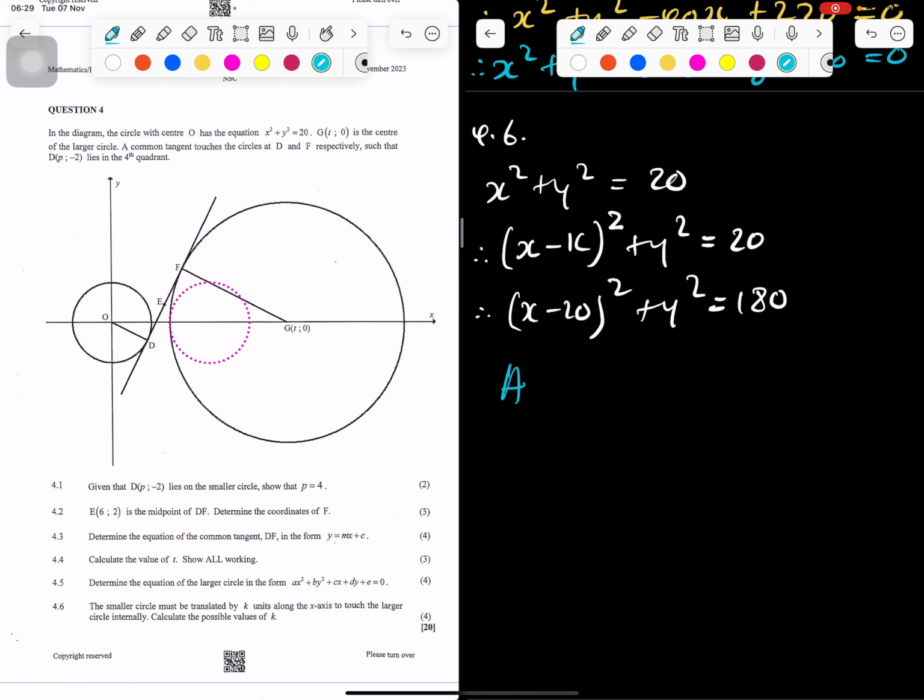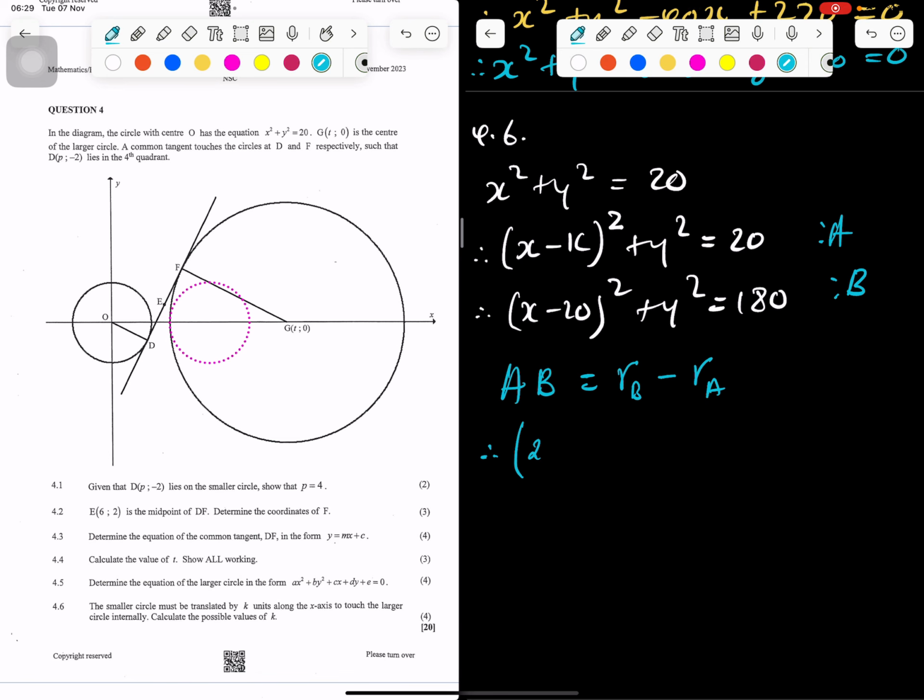Let's call the first circle A, and then the second circle B. The distance between AB should be the same as the radius of the largest circle, which is B, minus the radius of the smaller circle, which is A. Therefore, the distance between these centers is going to be 20 minus k.